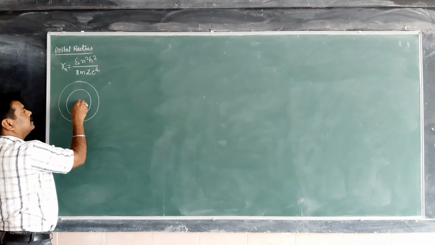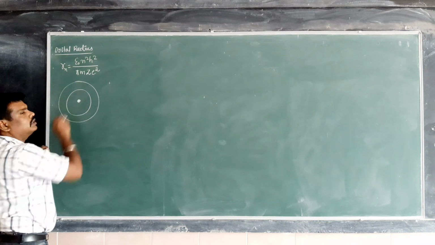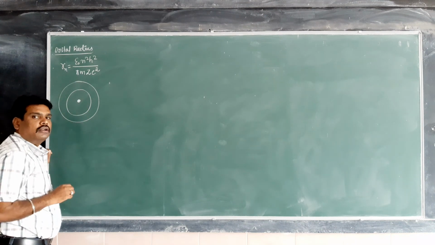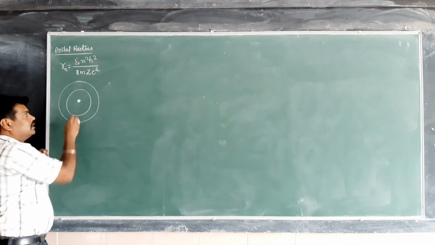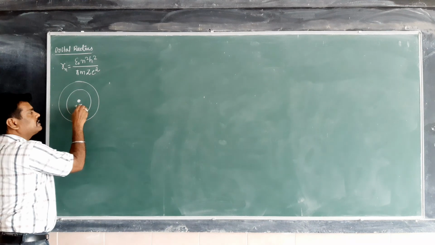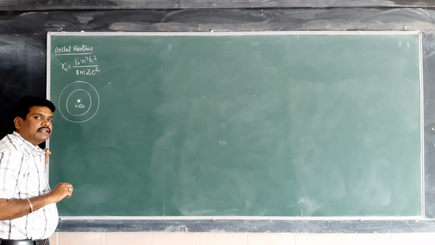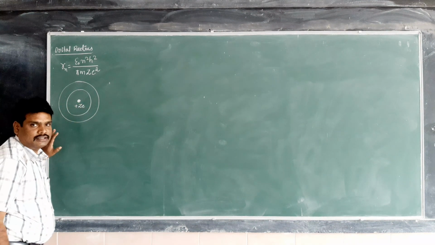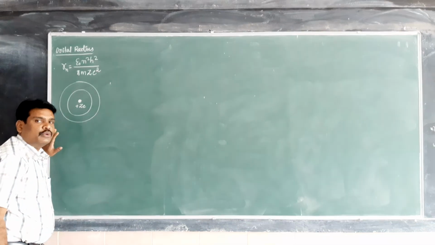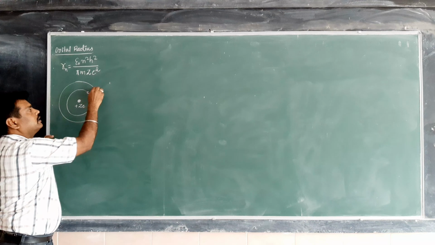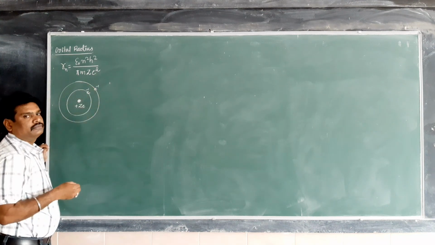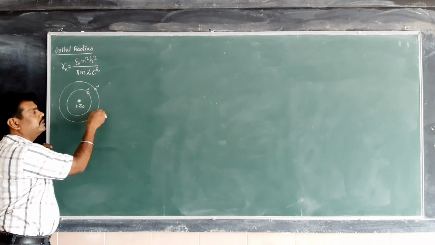The whole mass of the atom is concentrated at the center, called the nucleus, as a positive charge. The charge of the nucleus is plus Ze. The nucleus contains positively charged protons, and the electrons are revolving in their own orbits. This is the first orbit, second orbit, like this.